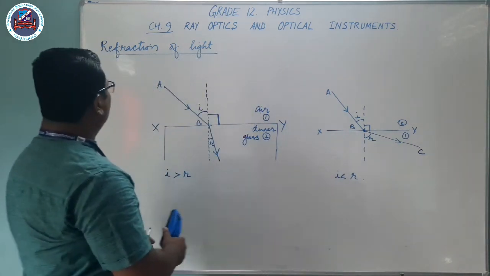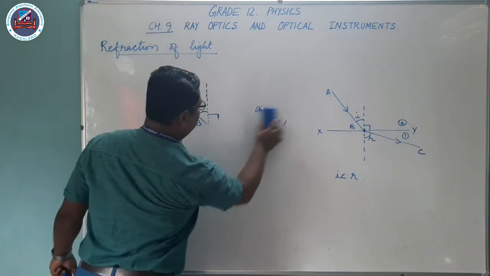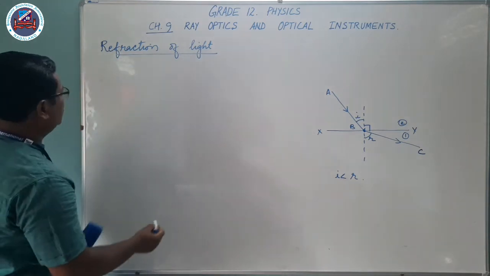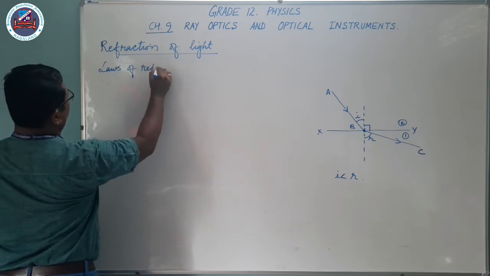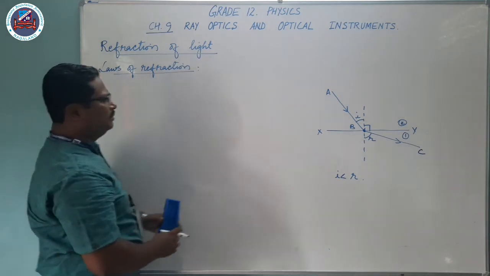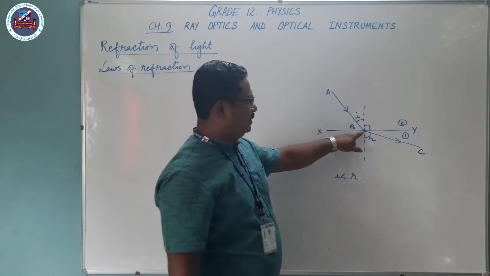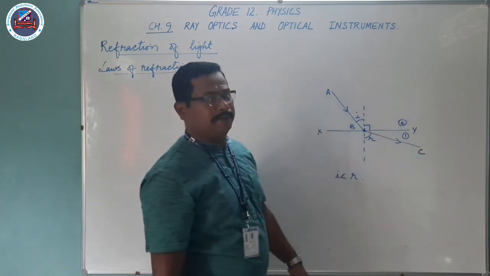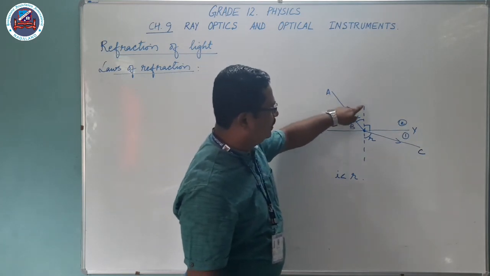Now let us see the laws of refraction of light. There are two laws of refraction. The first one: the incident ray, the normal at the point of incidence, and the refracted ray all lie in one plane. You can see very clearly that my blackboard is the plane, and all of them are lying on the board itself.